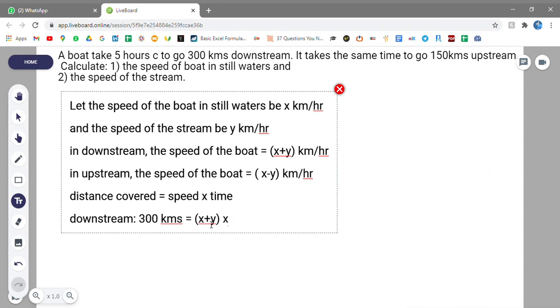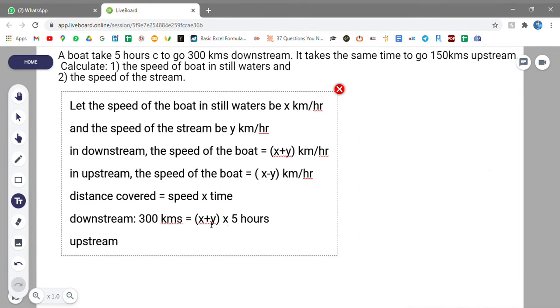What is the time? 5 hours. So this is the first equation that we will get for the downstream. Later we will get into the proper format. Now let us derive the equation for upstream.